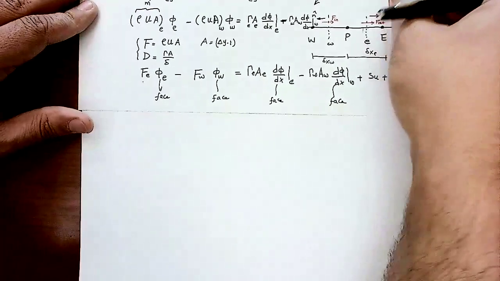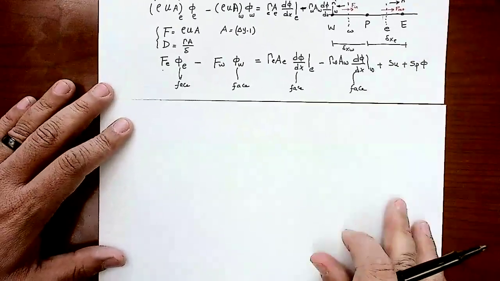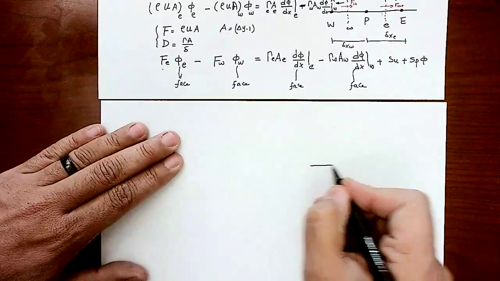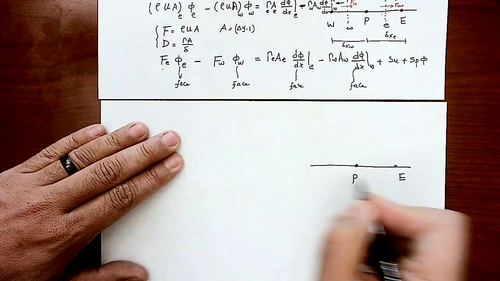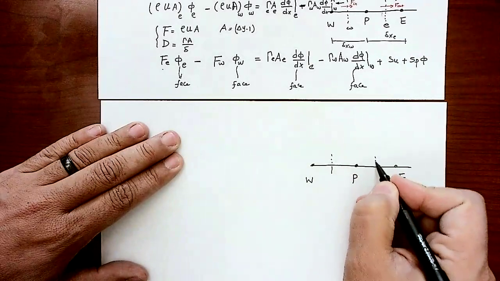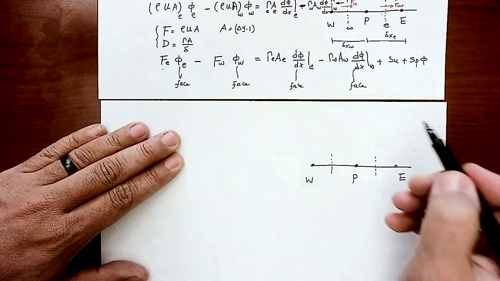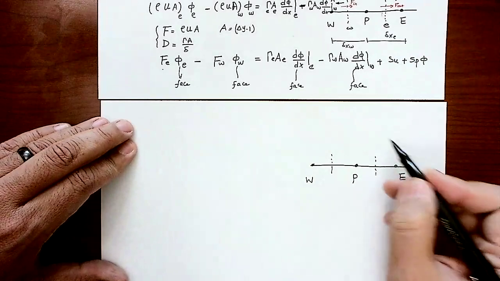So for the diffusion term, which we covered many times before, let's actually keep that here and let's draw again. There is the P, there is E, and there is W. These are the three different cells, right? What we do, we always assume linear variation of the phi between the cells.